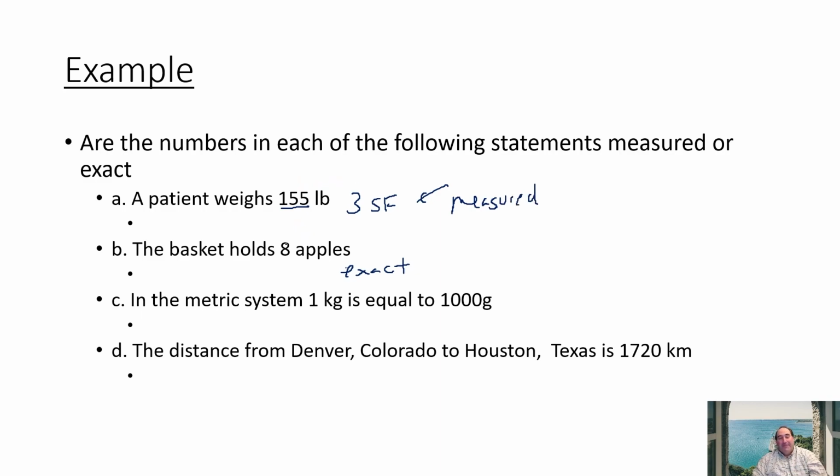That probably would help as well. 1 kilogram is equal to 1,000 grams. That's an equality, and that would fall under an exact number, unlimited number of significant figures. And the distance between Denver and Houston, 1,720 kilometers, that would be a measured value in this particular case.